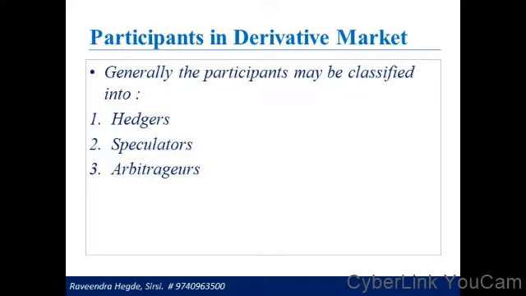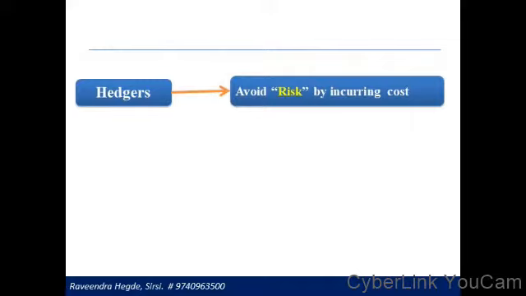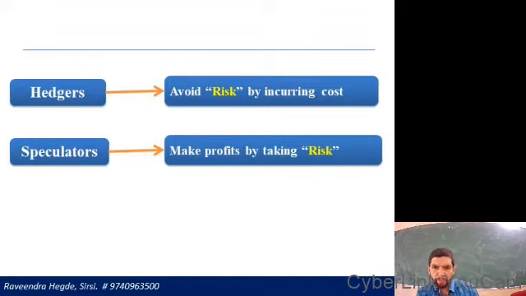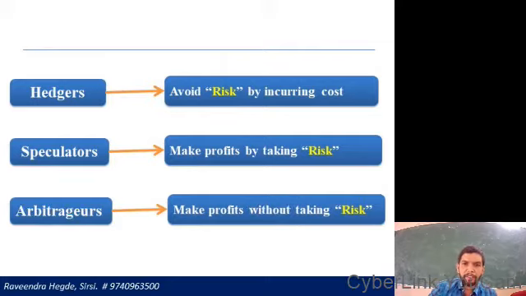Who are hedgers? Hedgers are the parties who avoid risk by incurring cost, and speculators are the parties who make profits by taking risk, and arbitrageurs are the parties who make profits without taking risk.